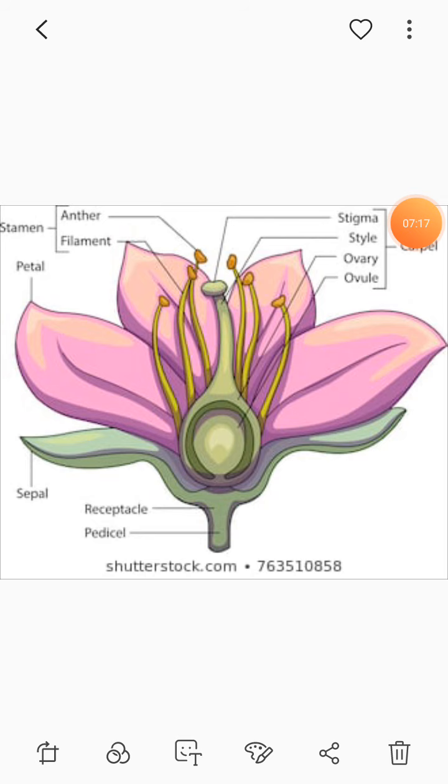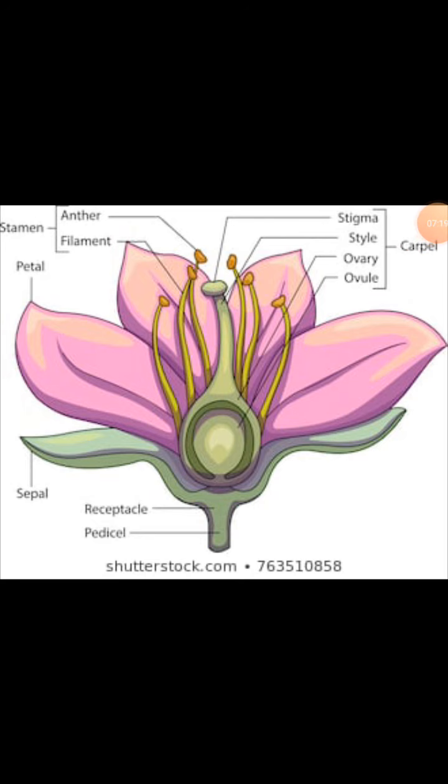See, the stamen consists of an anther and a filament. The long, cylinder-like part is called the filament. Attached to each filament is the anther. The anther releases minute microscopic particles called pollen grains. A carpel consists of the stigma at the tip, and the style, which is long and slender.